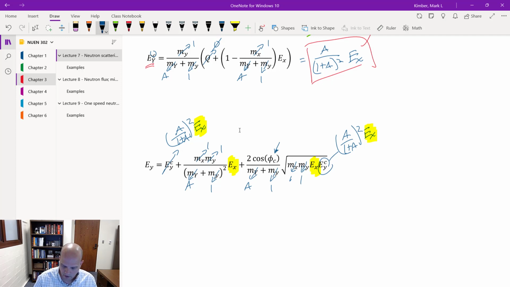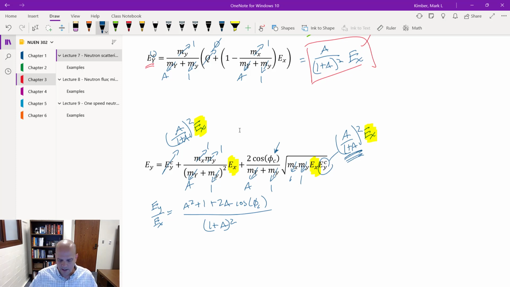And then I've got a 1 and a 1 underneath this radical, and the only thing that's left under the radical is A over (1 plus A) quantity squared. Take the square root, and so I end up having EY over EX equal to A squared plus 1 plus 2A times cosine of phi sub C, over (1 plus A) squared.